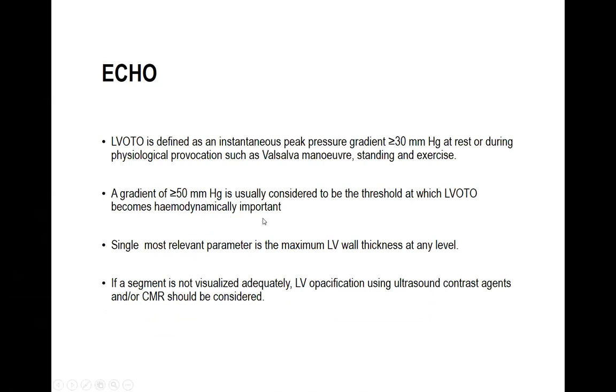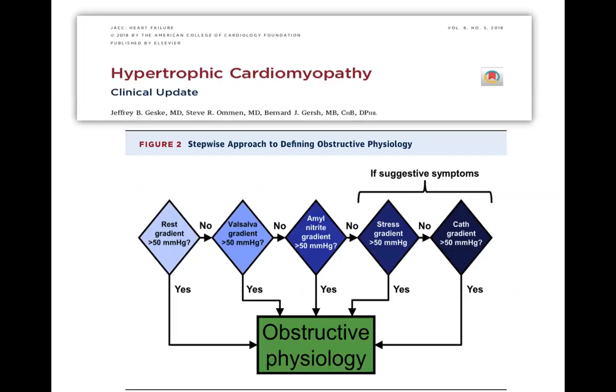So you have to remember, an LVOT gradient of more than 50 is hemodynamically important. The single most relevant parameter is the maximum LV wall thickness at any level. If a segment is not visualized adequately, LV opacification using ultrasound contrast agents and cardiac MRI can be considered. Okay, so this is very important.